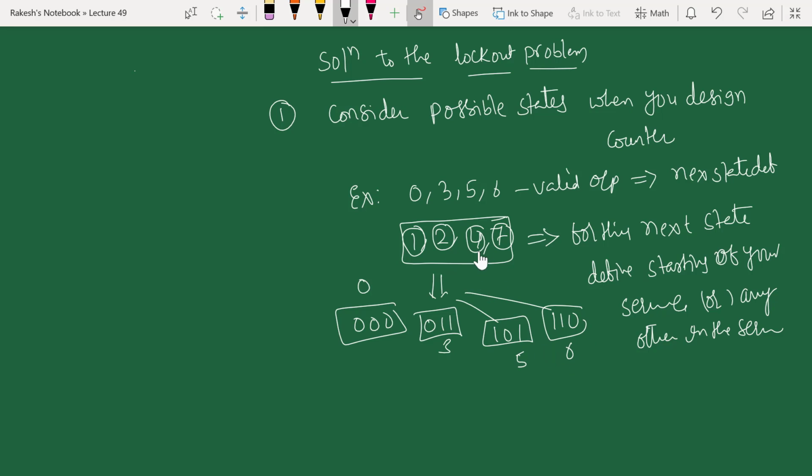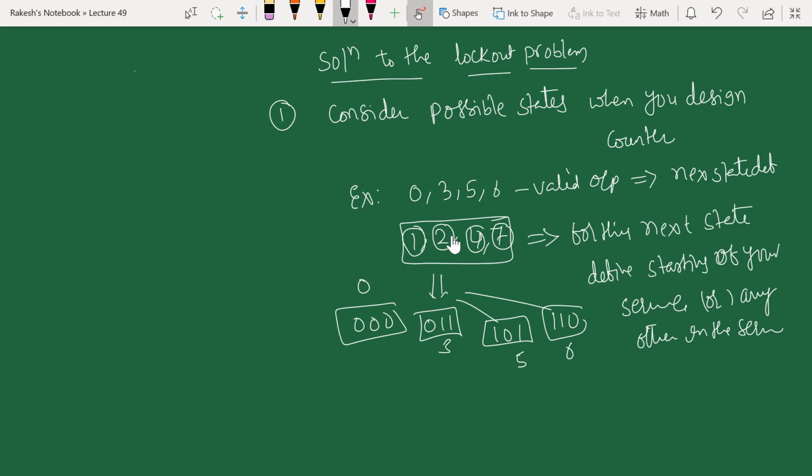So whenever your flip-flop encounters one of these invalid output states, you are going to design an extra consideration so that your flip-flop output immediately goes to one of the states, depending on how you defined, whether you want to start it from all zeros, or you want to go to any arbitrary state which is valid. Once the counter is in this particular loop, it will again go to the normal sequence.